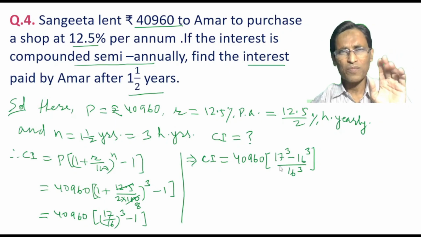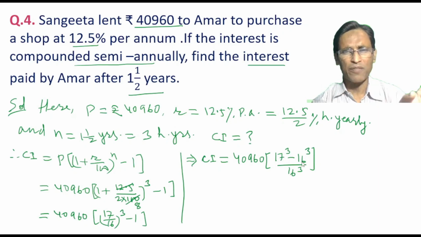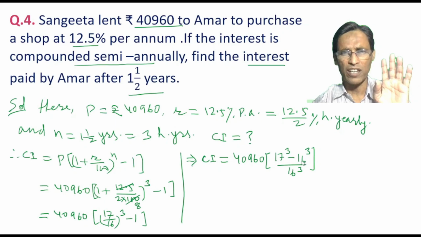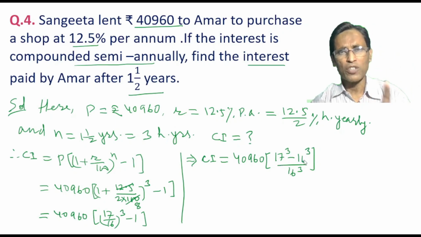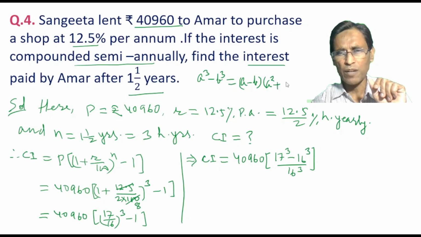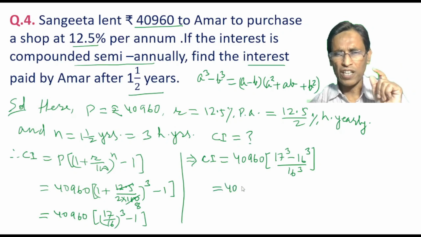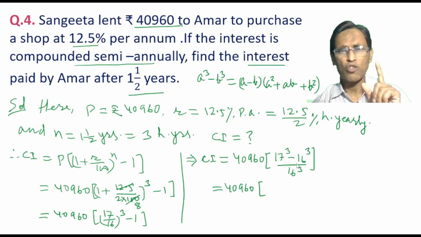There are two options. या तो हम 17 क्यूब और 16 क्यूब का सेपरेटली वैल्यू फाइंड आउट करें और फिर उसका डिफरेंस फाइंड आउट कर लें, या फिर a cube minus b cube जो अलजेब्राइक आइडेंटिटी है उस पर इसे प्रोसीड करें. We take up the second choice. a cube minus b cube comes a minus b into a square plus ab plus b square. 40,960 remains as it is, and then 17 cube minus 16 cube.